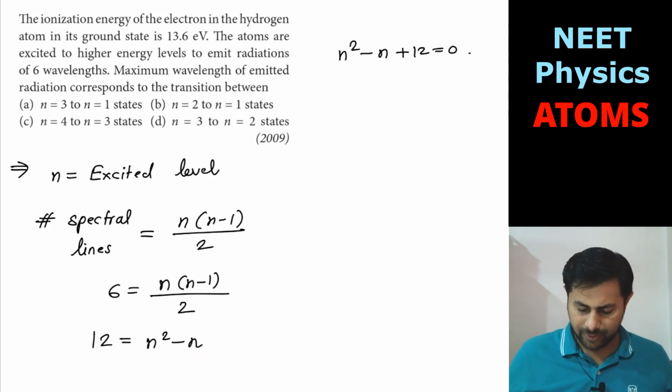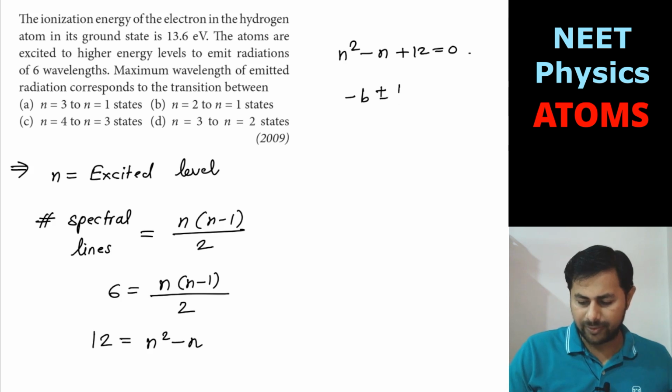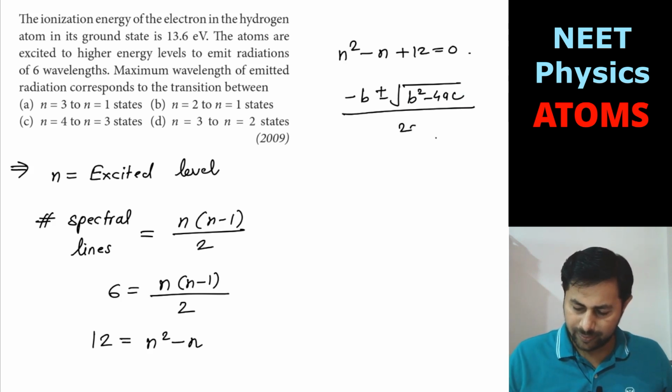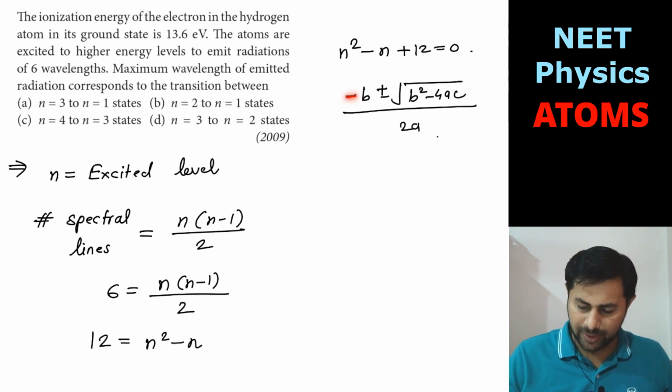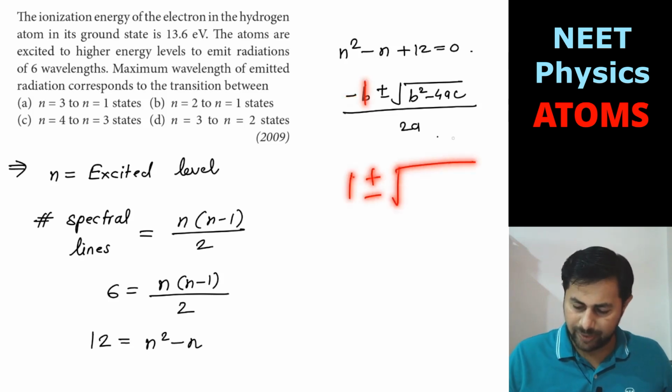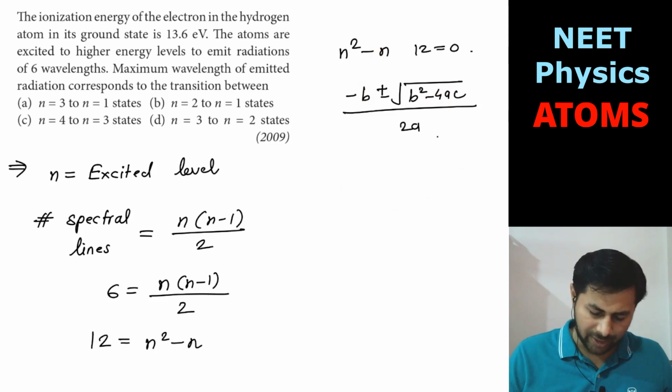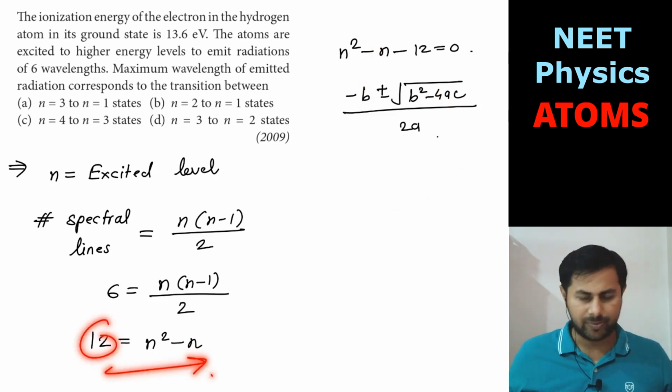So what's the solution? It's minus b plus or minus the square root of b squared minus 4ac, upon 2a. Minus b is minus of minus 1, so that's plus 1, plus or minus the square root of b squared, which is 1, minus 4ac. The 12 goes to the other side, so it becomes minus 12.